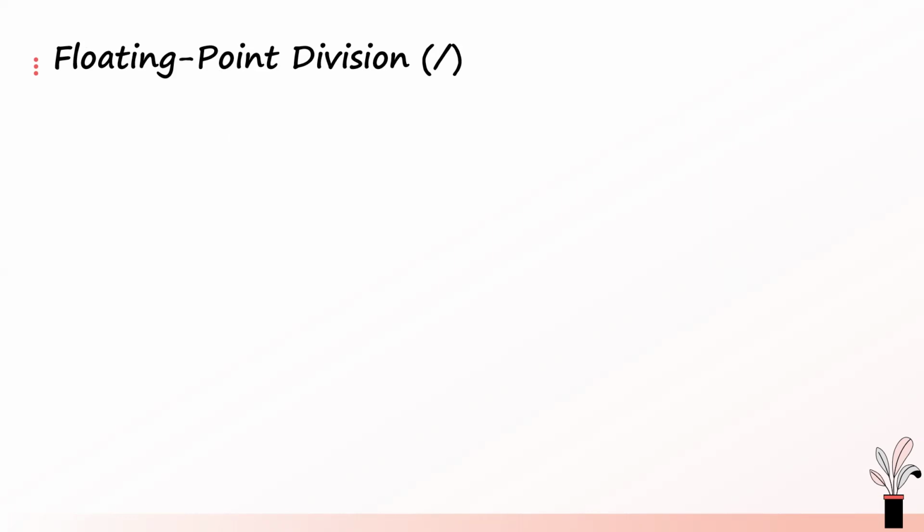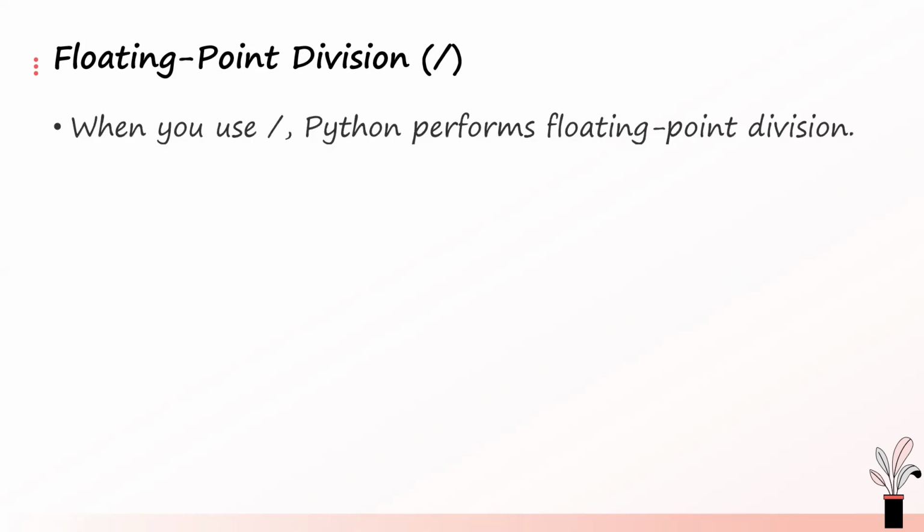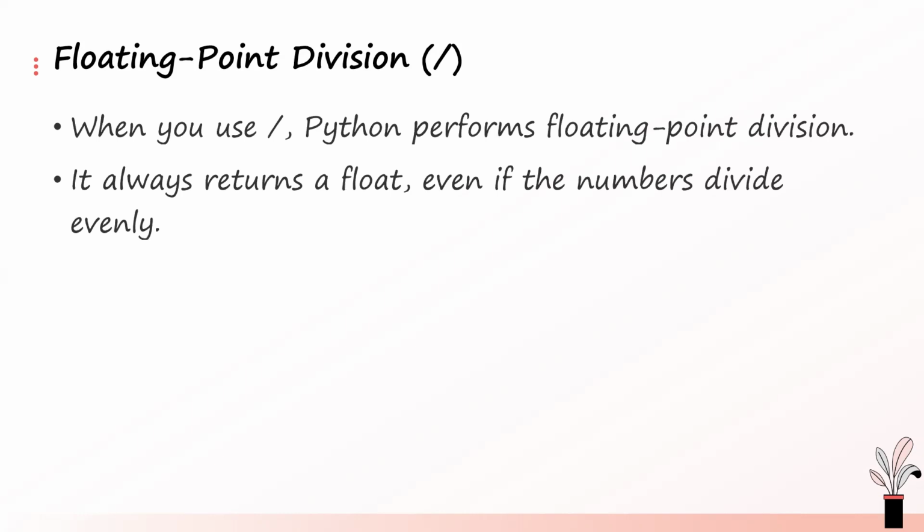We have floating point division and integer division. When you use just this forward slash, Python performs floating point division. So it will always return a float, even if the numbers divide evenly.